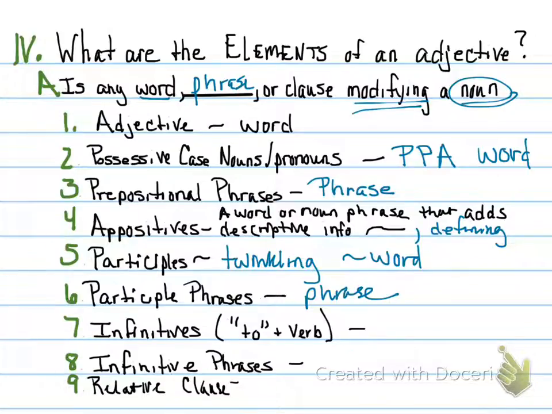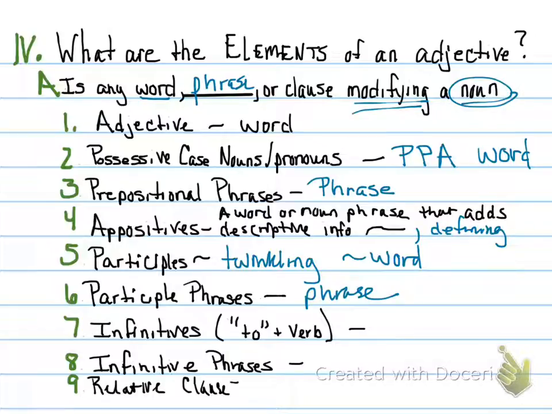Okay, and then infinitives. Infinitives are tricky for us because the word to is usually a preposition, but it's also usually an infinitive, and it's describing the noun. An example would be the star to watch is the pole star. So to watch is describing more about the actual star you're talking about. The difference between the prepositional and the infinitive: prepositional is followed by a noun, infinitive is followed by a verb.